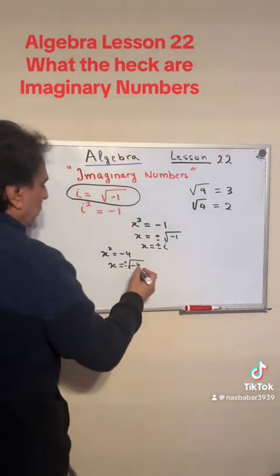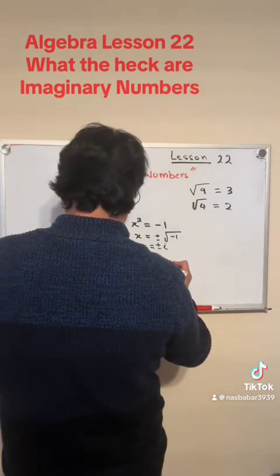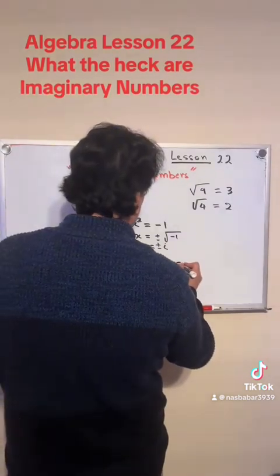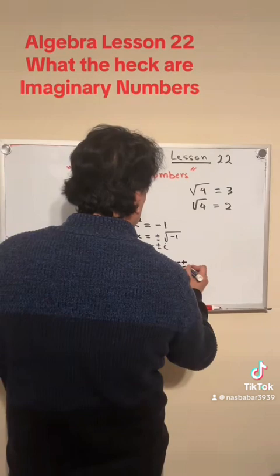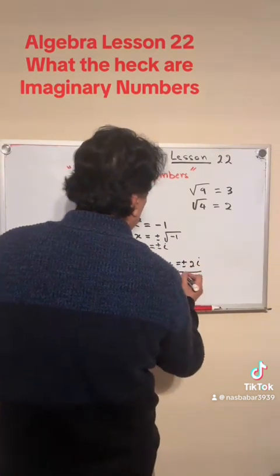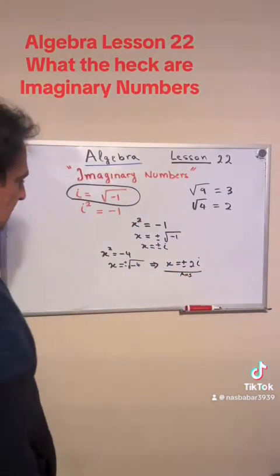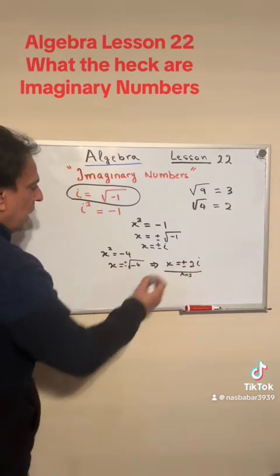So then I can write this as x is equal to plus minus 2i. So that would be my answer, right? So think about that for a second. How did I come up with this 2i?